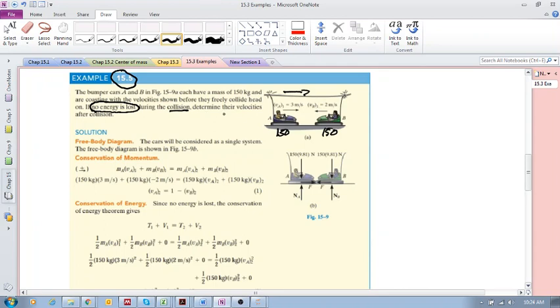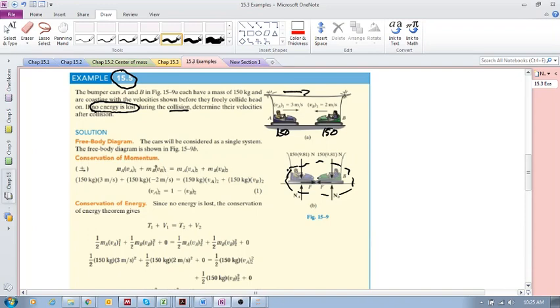Why is this a conservation of momentum problem? Because if we consider both particles inside our system, when they collide, they have equal and opposite impulses, and these equal and opposite impulses are internal and they cancel out, so we have conservation of momentum.